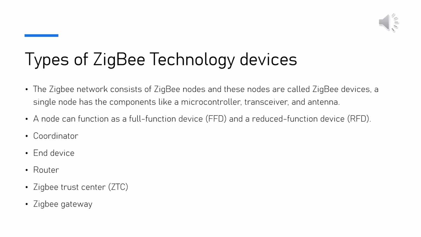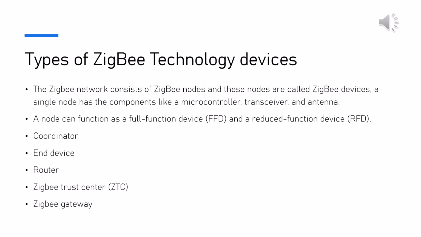Here we are going to see what the coordinator, end device, router, ZDO and Zigbee gateway are. The coordinator, as we have mentioned, is a full function device that manages the whole network. It starts the channel for the network, permits the network to start, and allows other machines to join the network.